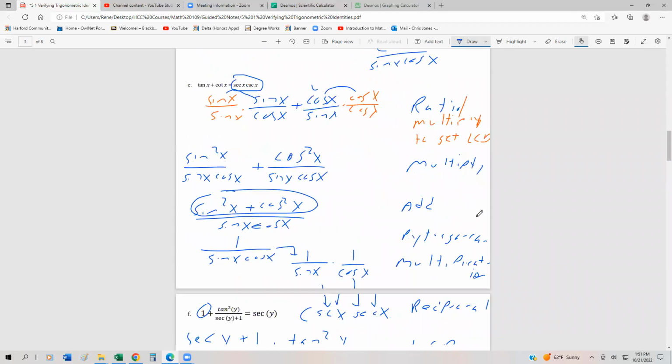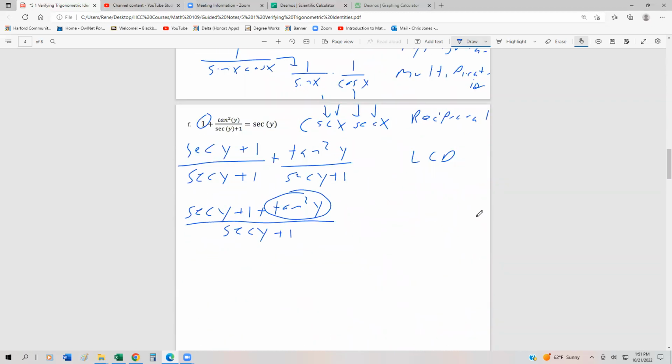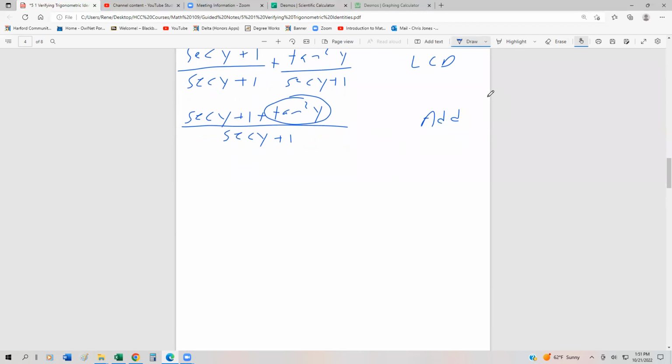Okay, so we're going to go all the way back down here, and we're going to say that this is now, again, this is just by adding. Okay, and now we can use that Pythagorean identity, and we can rewrite tan square as secant square minus 1. So now we have sec y plus 1 plus sec square y minus 1, okay?